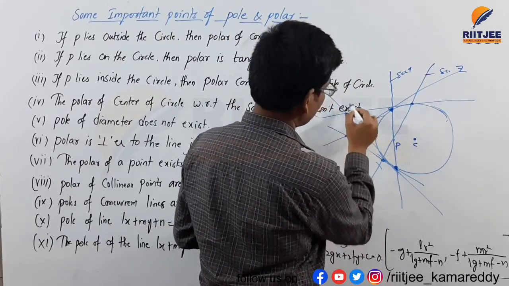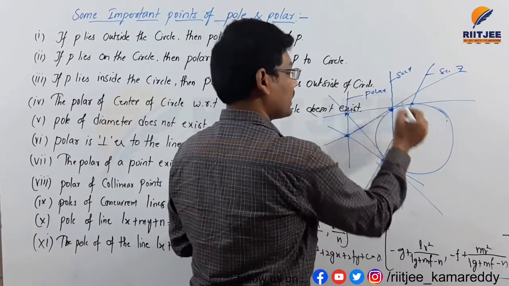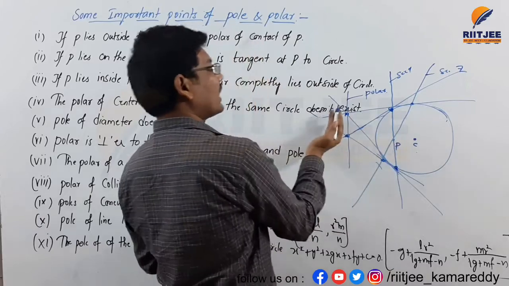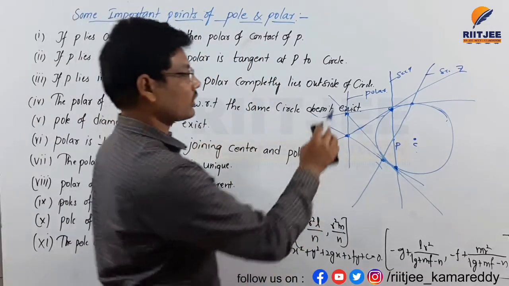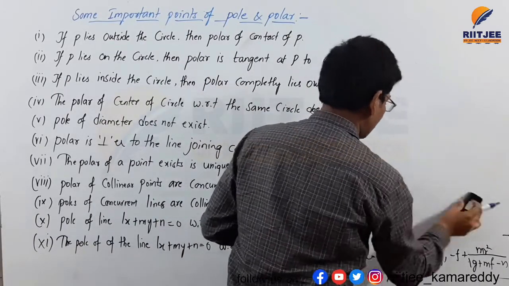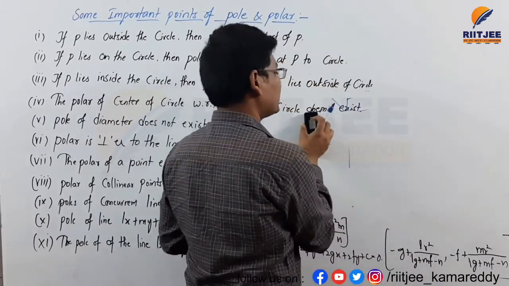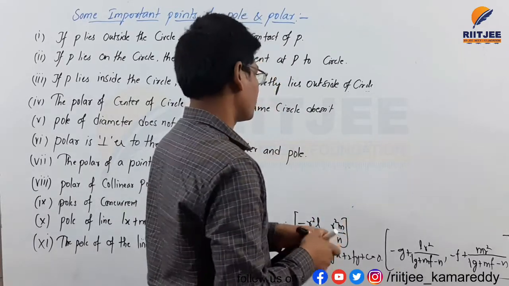So if you join these 2 intersecting points, the polar must be outside of the circle. When a point P is inside of the circle, the polar should be outside of the circle.